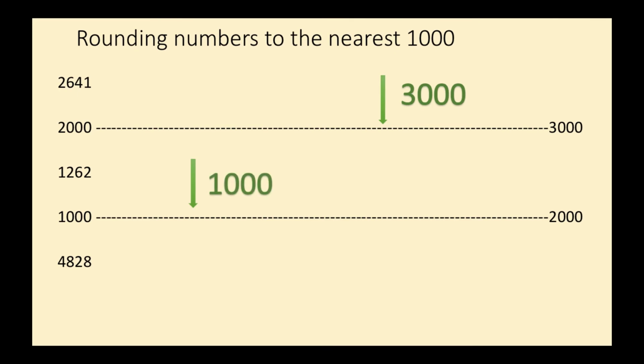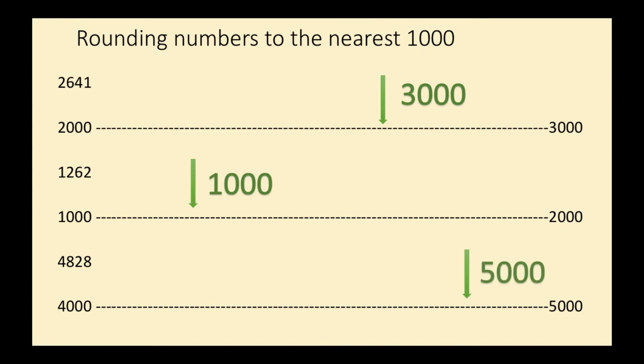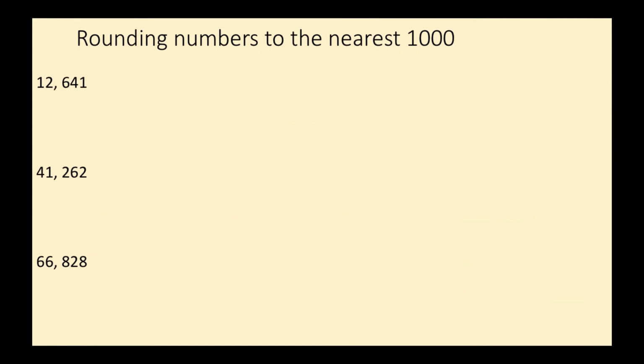And rounding 4,828 to the nearest thousand is between 4,000 and 5,000. And we know that 4,800 is closer to 5,000 than it is to 4,000. So we have to round it up to 5,000. Let's have a look at these ones. Here we have 12,641.